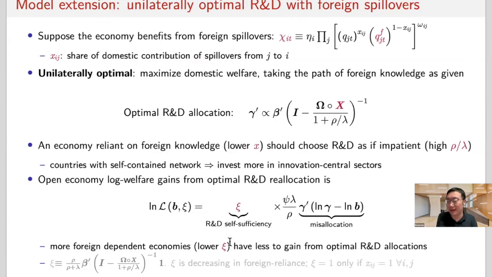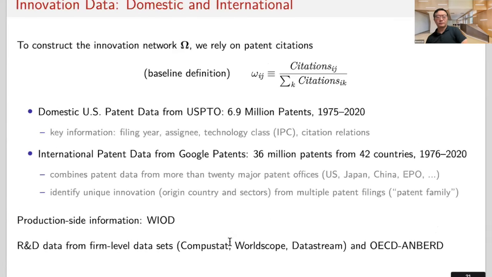Now I'm going to operationalize this by trying to measure the optimal allocation and compare it with the actual. The main object is this innovation network. We're going to measure it using patent citations: among all of the citations made by patents in a technology i, what fraction actually goes to patents in a technology j?